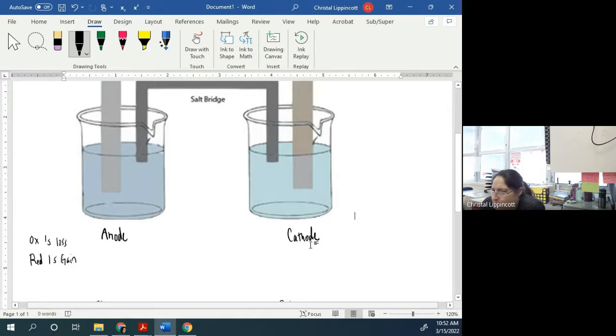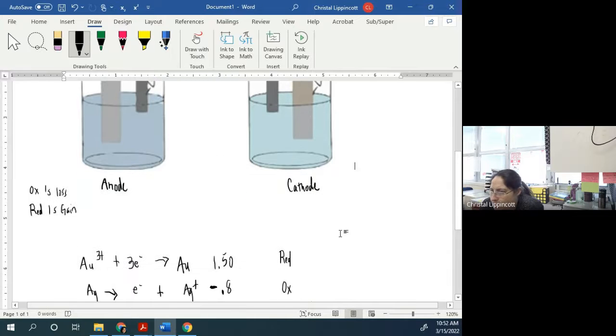The cathode. Yep, because it's a fat cat. The cat's getting fatter. And then it's a red cat too. It's a red fat cat. It's reducing. Yep, this is where your reduction is taking place, on your cathode.